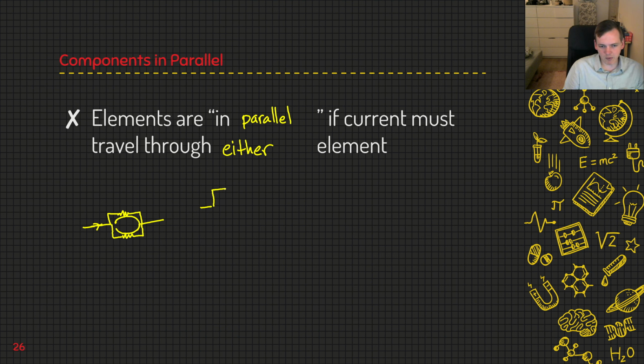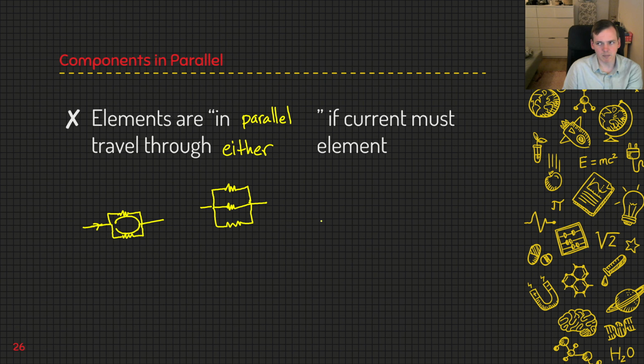You can get more elements in parallel just like this, and you can go as big as you want. Something that might look in parallel but isn't is, what would be a good example? What would be a good non-example here?